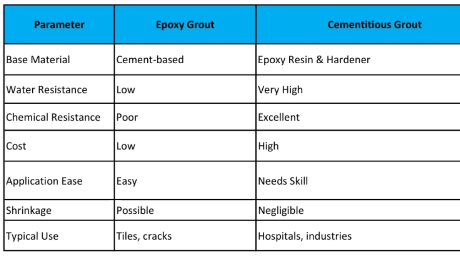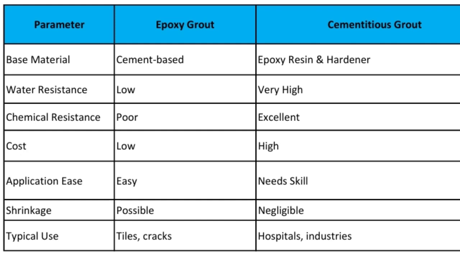For cementitious grout it is low, but epoxy grout has very high, excellent water resistance. It is not that cementitious grout is bad or epoxy grout is very good, but both have their own limitations and their own areas of use. So if your area demands water resistance, go for epoxy grout. If it is not required, go for cementitious grout.